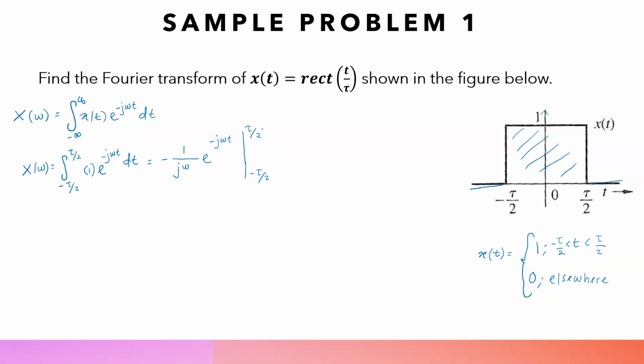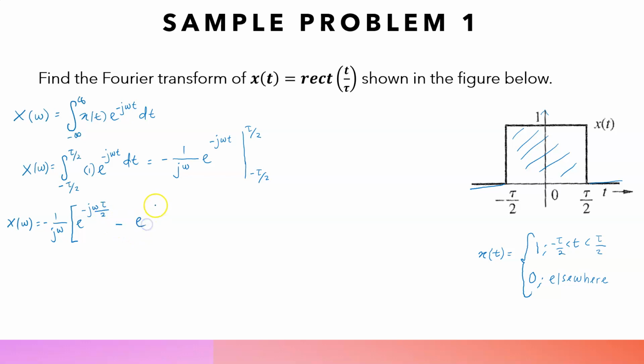Next is to replace this t with tau over 2 and minus tau over 2. So I will have X of omega equals minus 1 over j omega times e to the minus j omega tau over 2, where we replace this t with tau over 2, minus e to the power of j omega tau over 2.